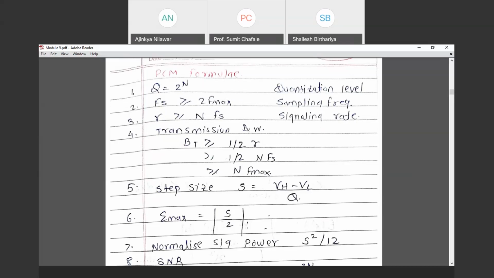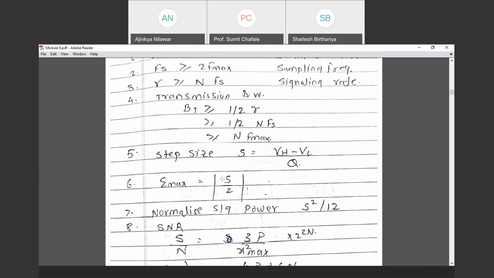Then the most important parameter, the transmission bandwidth. You always get questions on these formulas in PCM. The transmission bandwidth is 1 by 2 R, where R is N into Fs. Fs can be replaced by twice F max, so the 2s cancel out and the bandwidth is N times F max.